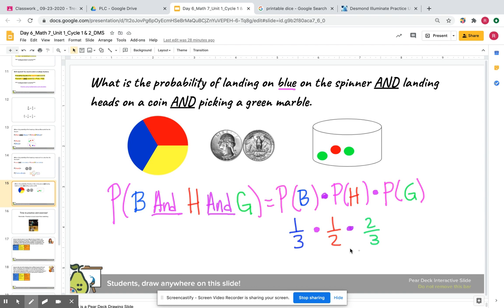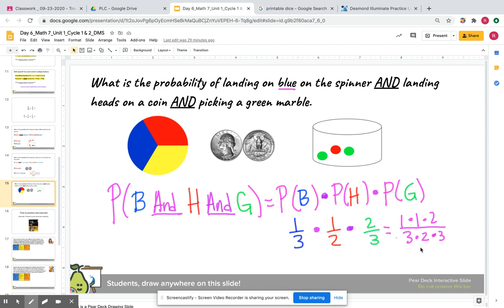So from this point, I told you you should know this from 6th grade, and that was multiplying fractions. So at this point, you're just going to multiply your probability of blue, probability of landing heads, and probability of getting a green marble. That is going to be a fraction again, 1 times 1 times 2 on top. On the bottom, you're going to have 3 times 2 times 3.